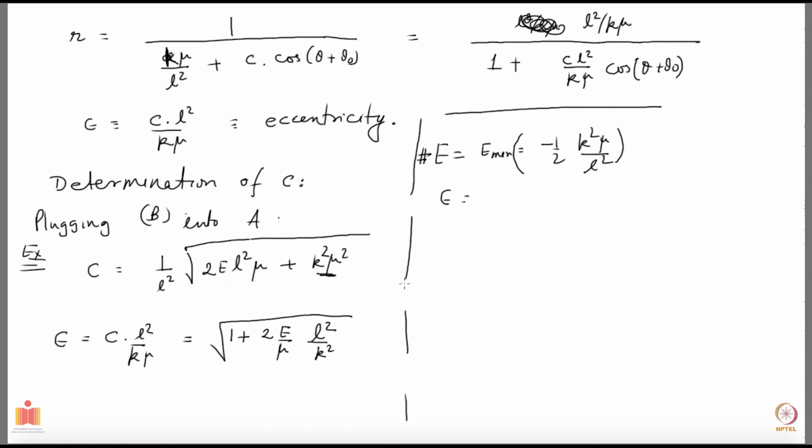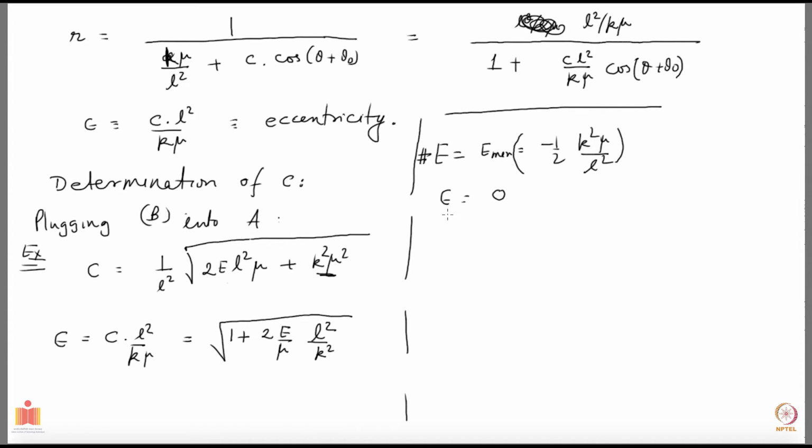You have minus half, which multiplies the 2 and gives you minus 1. Then the K square cancels the K square in the denominator, the mu in the numerator cancels this mu, and the L square in the denominator cancels this L square in the numerator. So you're left with minus 1, and minus 1 plus 1 gives 0. So your epsilon is going to be 0.